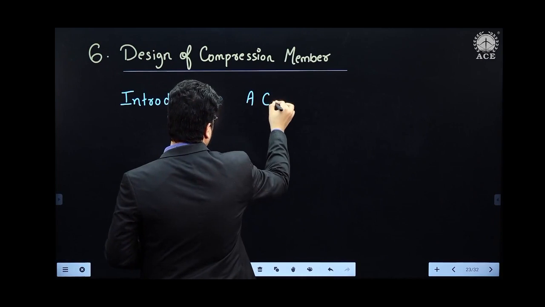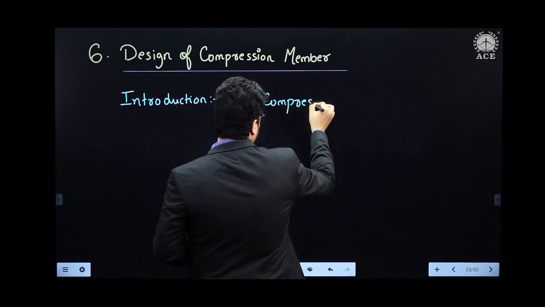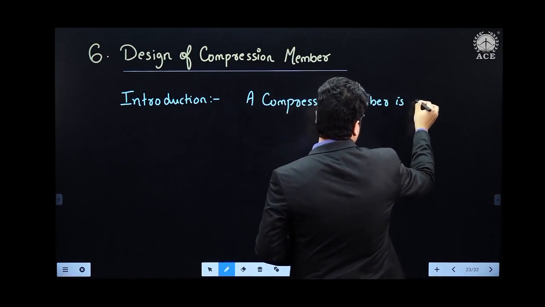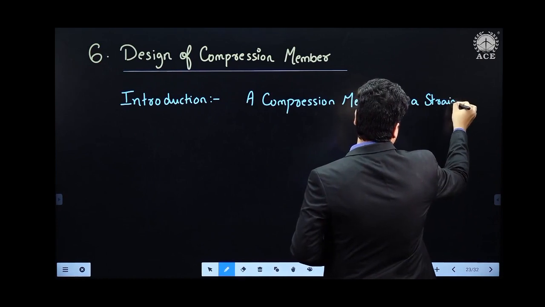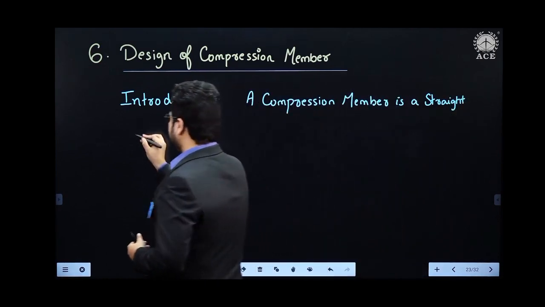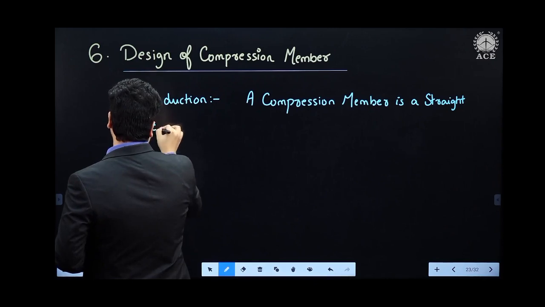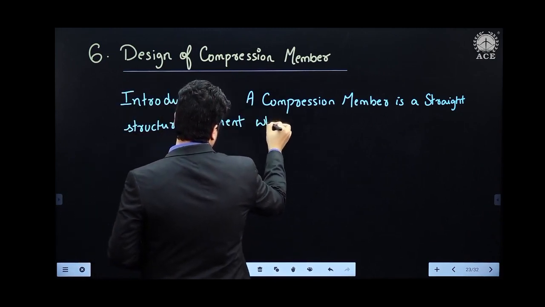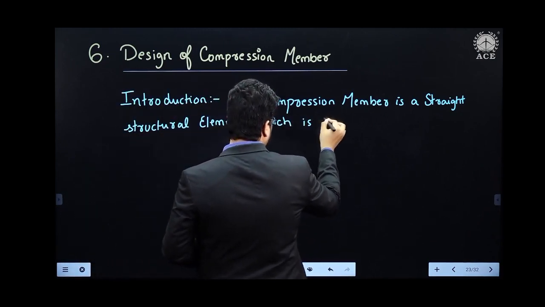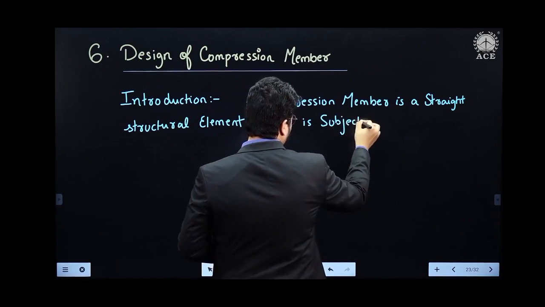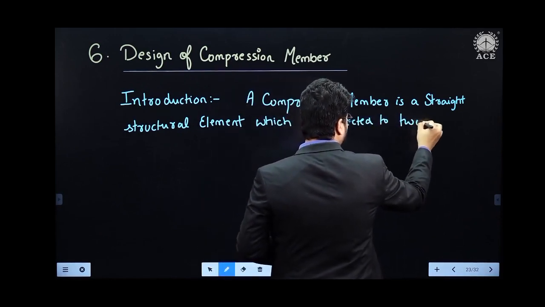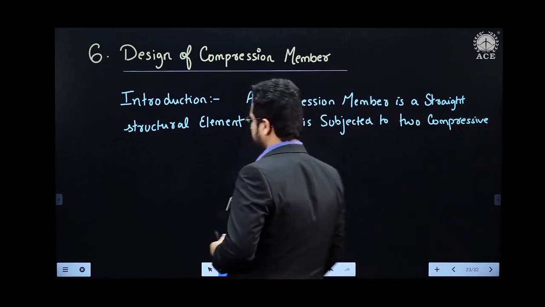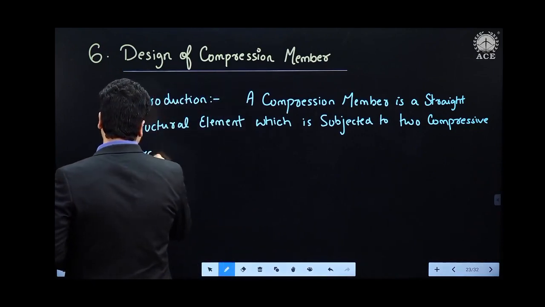A compression member is a straight structural element which is subjected to two compressive forces at its end.